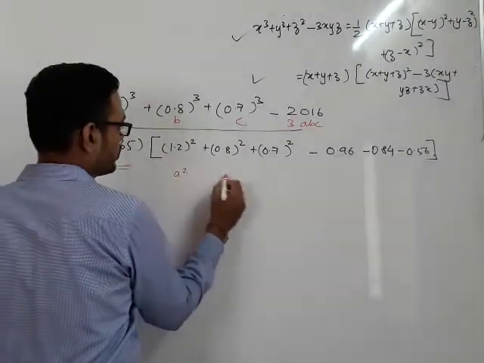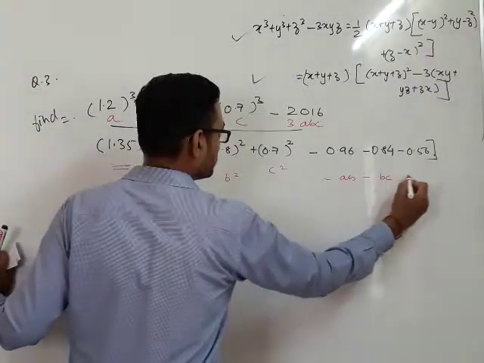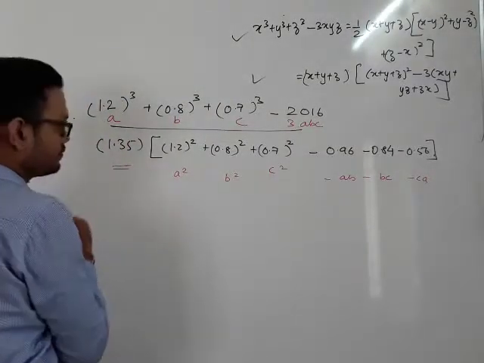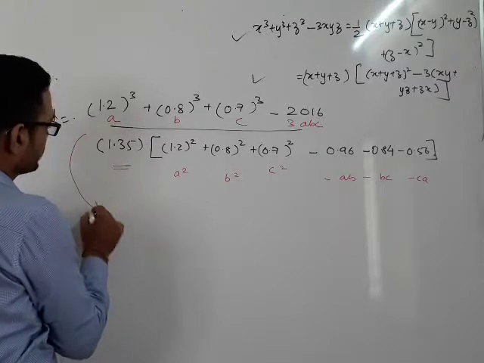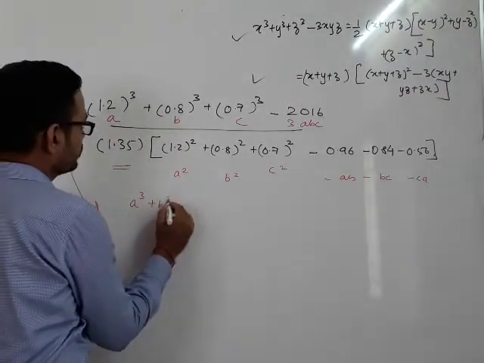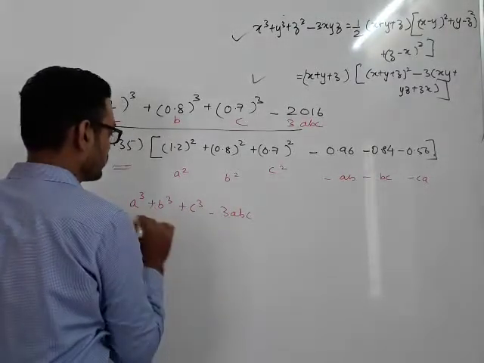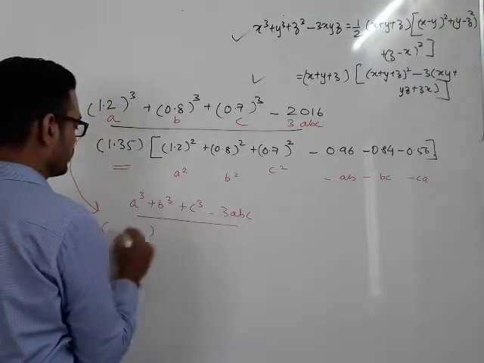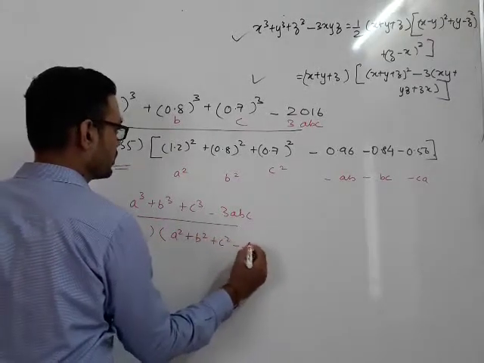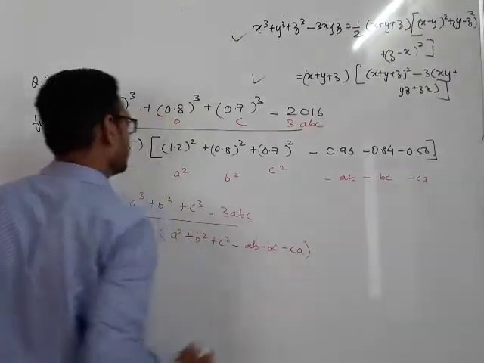This is a square plus b square plus c square minus ab minus bc minus ca. So we'll put this in the form of the formula: a cube plus b cube plus c cube minus 3abc is this, a square plus b square plus c square minus ab minus bc minus ca.